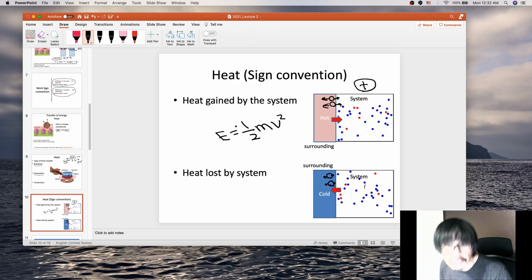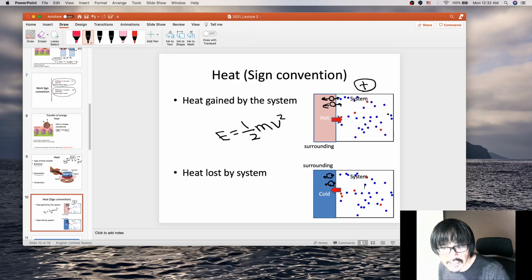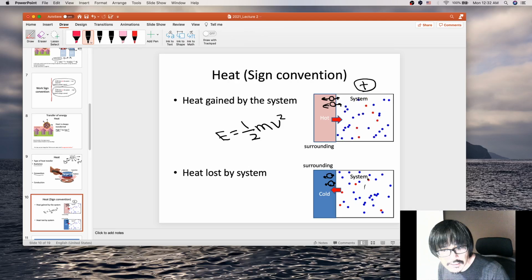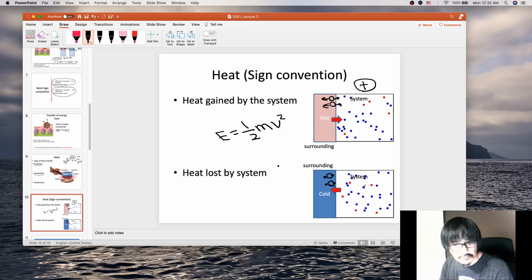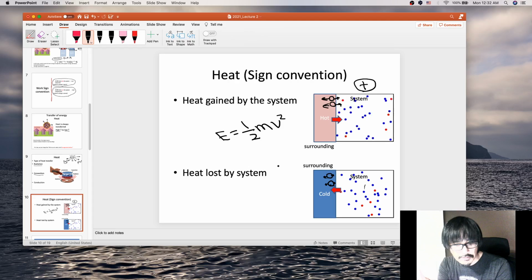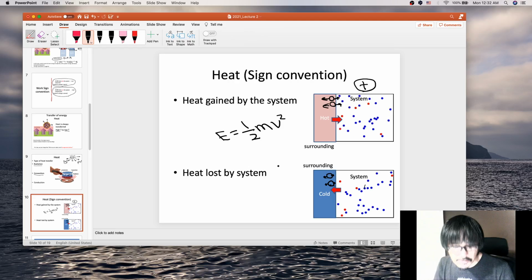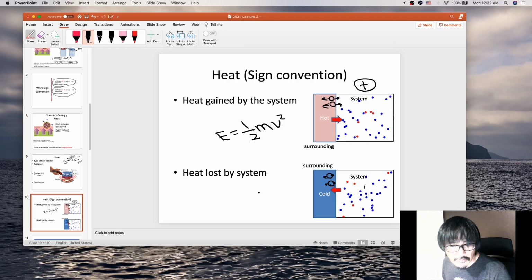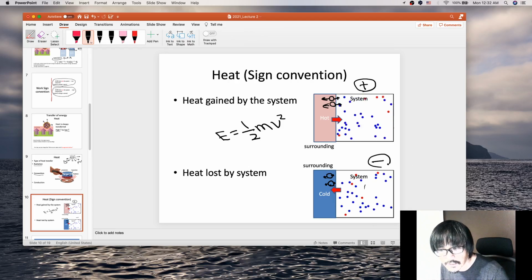That's pretty much all I have. So the faster they move, the higher the energy; the slower they move, the lower the energy. If you put the hot plate, system energy goes up, and if you put the cold plate, energy goes down because the speed of the gas is going down. So in this case, the sign convention is going to be negative.